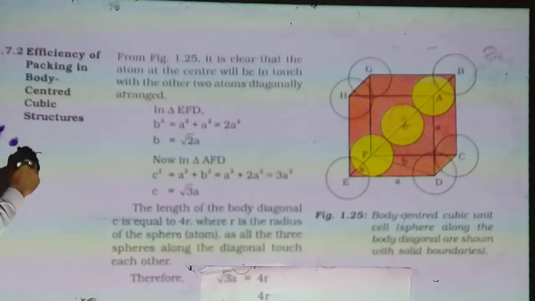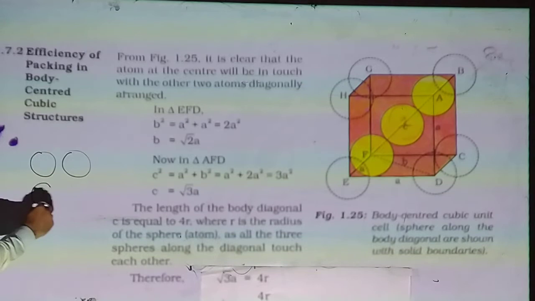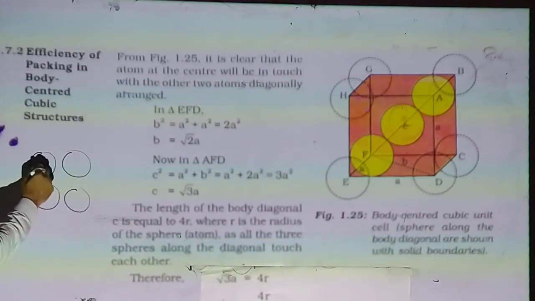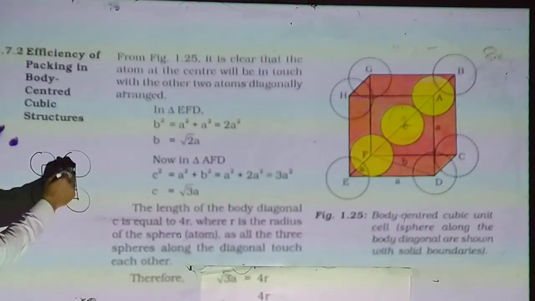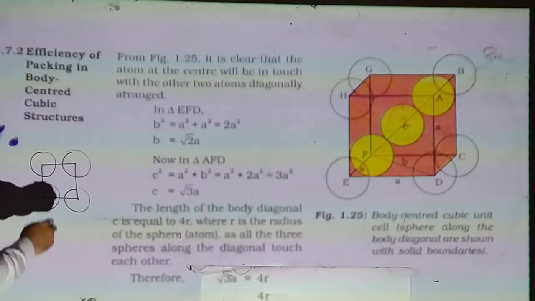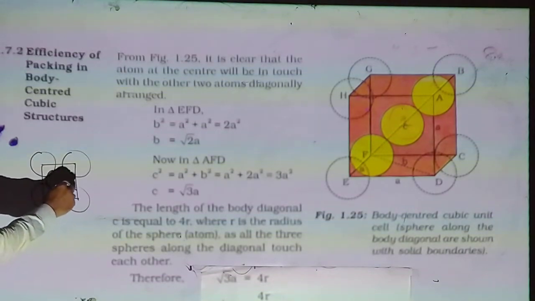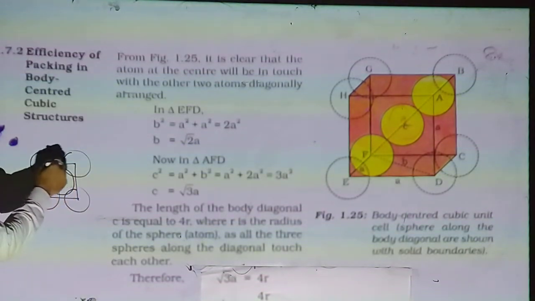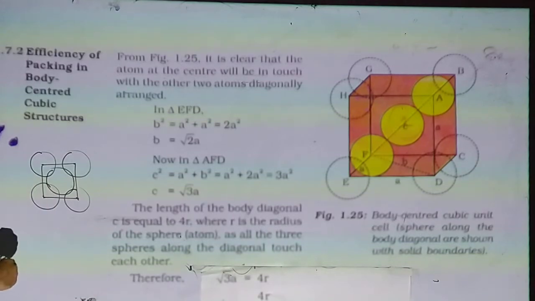In the BCC structure, when we take the first layer, you can see these 4 are not touching each other, but in the second layer the middle one touches the lower 4.